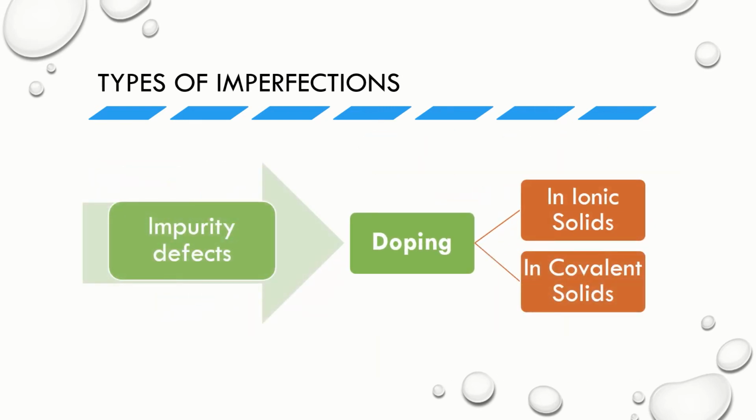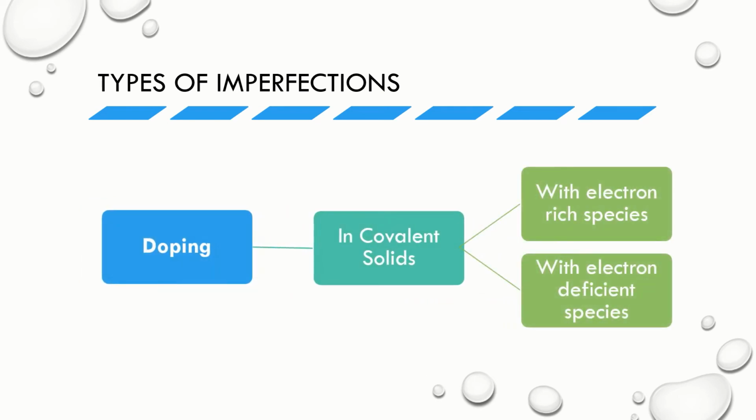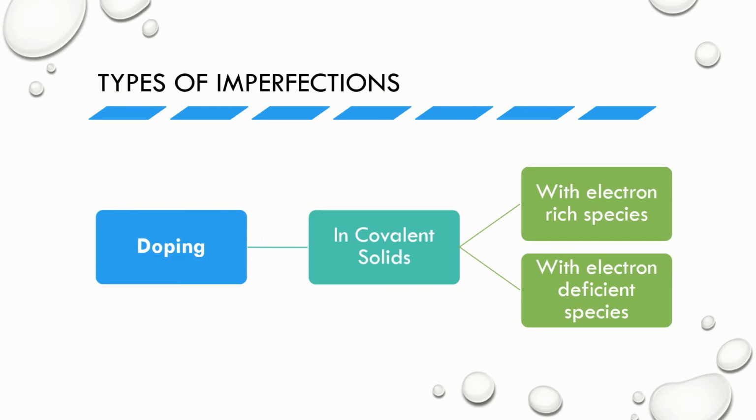Now, in the case of covalent solids such as group 14 elements like silicon or germanium, which have 4 valence electrons, the impurities added may be of elements which may have more than 4 valence electrons, for example group 15 elements like phosphorus or arsenic, which have 5 valence electrons, or of the elements which have less than 4 valence electrons, for example group 13 elements like boron, aluminum or gallium, which have 3 electrons in their valence shell.